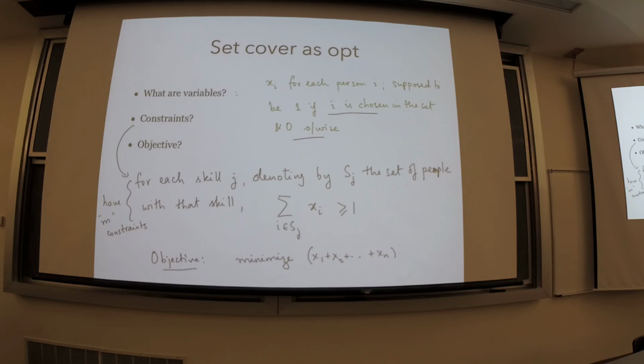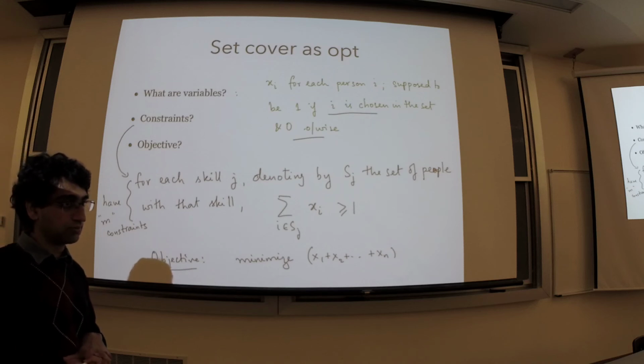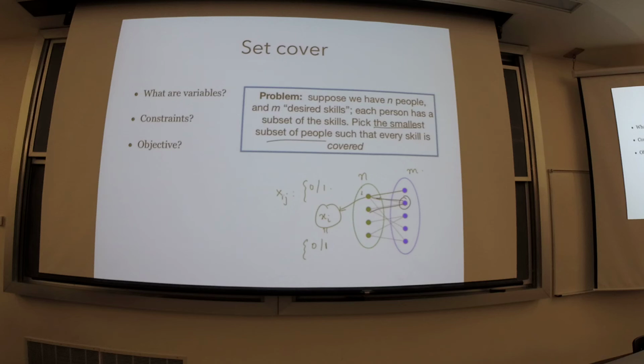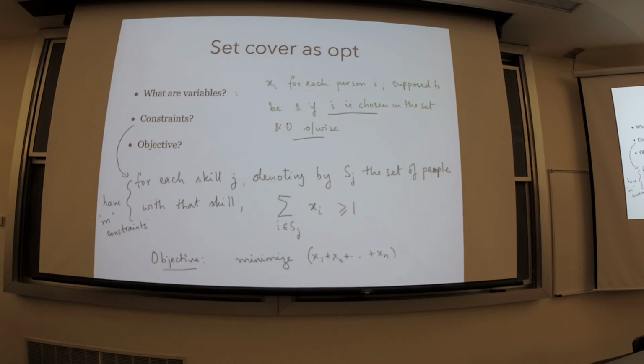So where did you capture this feature? For example, person 1 has skills 1, 3, and 5, and not 2 or 4. His question is, how is the structure of the instance being captured? Like we saw that person 1 has these skills, and person 2 has some other skills, and so on. How exactly is this information coming into the formulation?